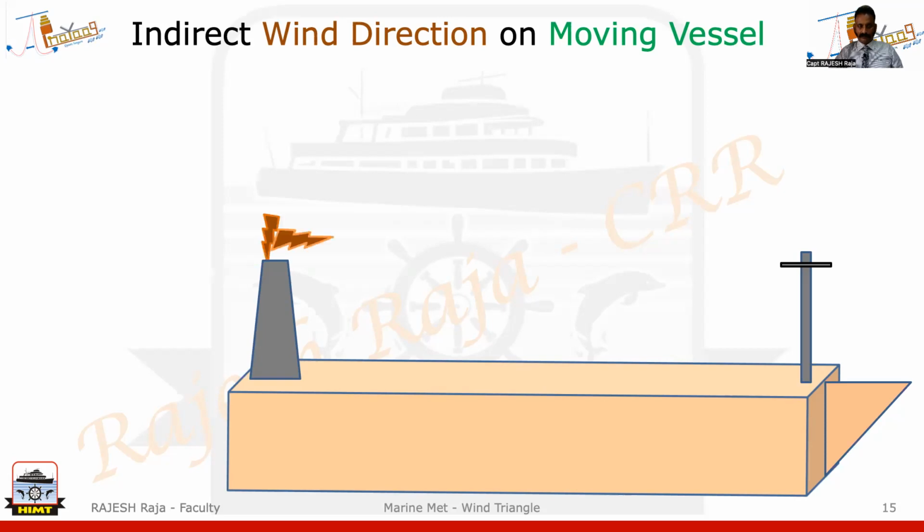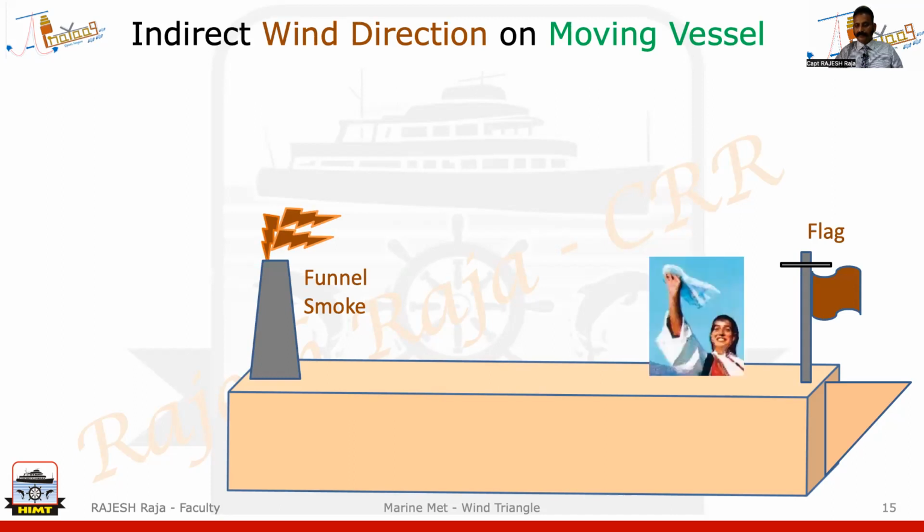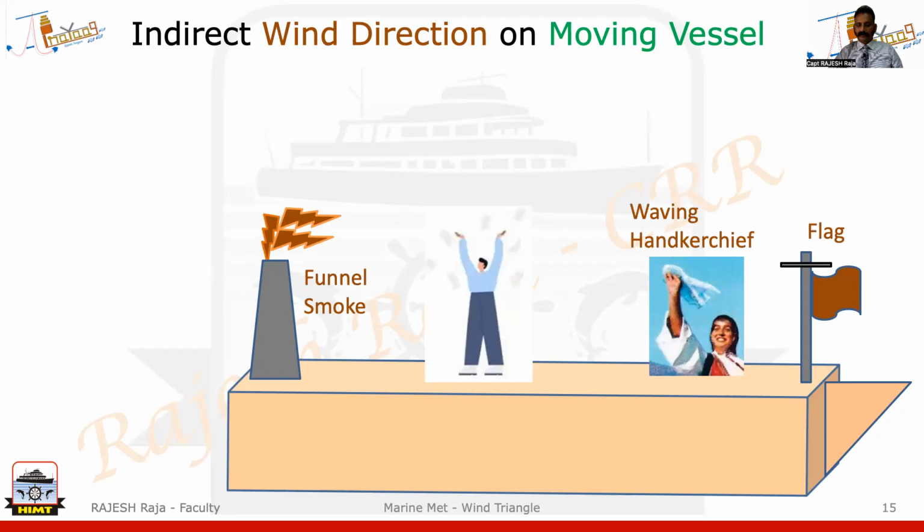Let us quickly see. One was this funnel smoke, which we just saw. Second one could be a flag, which is fluttering. Third one could be, they could say that somebody is holding a handkerchief and it is flying in this direction. Or they could say that somebody threw bits and pieces of paper and it started flying in a particular direction.